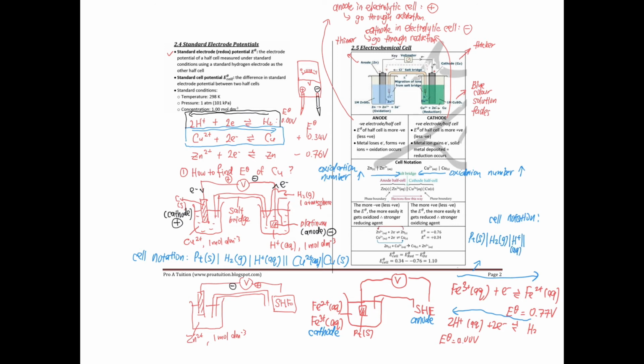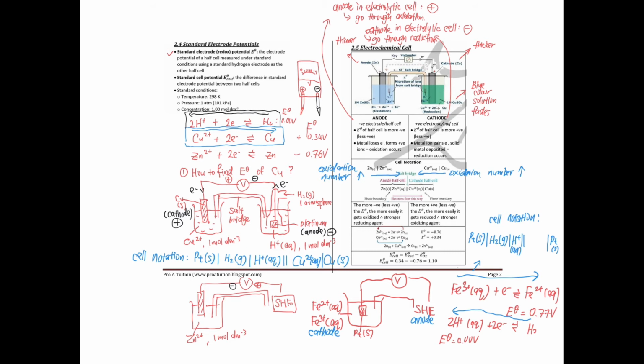Now on the other side, we have to put the other half cell, which uses Fe2+ and Fe3+. The electrode used is platinum. I start from the side, platinum, solid, phase boundary. Like what I mentioned just now, when you go towards the salt bridge, the oxidation number has to increase.